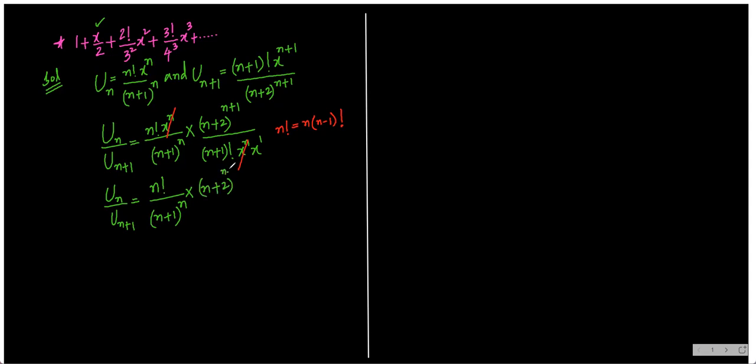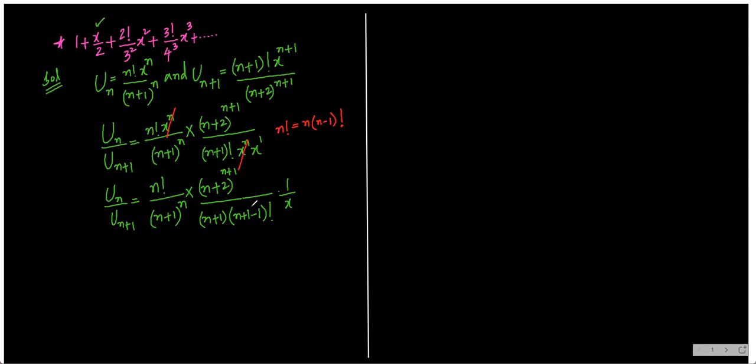This one also as it is. And here this n factorial form. So this n factorial can be written as n into n minus 1 factorial. And moreover, this 1 by x is there as it is. We are not going to disturb. Clear this step?